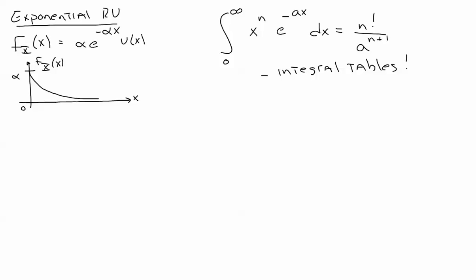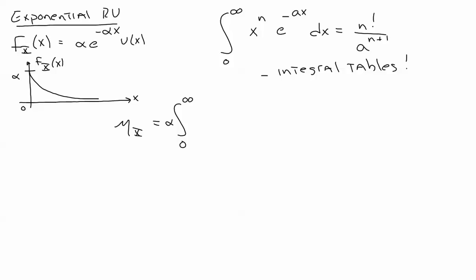Look that up in an integral table somewhere. Forgotten where exactly. So let's calculate the mean value. The mean value of x is going to be the integral from 0 to infinity.